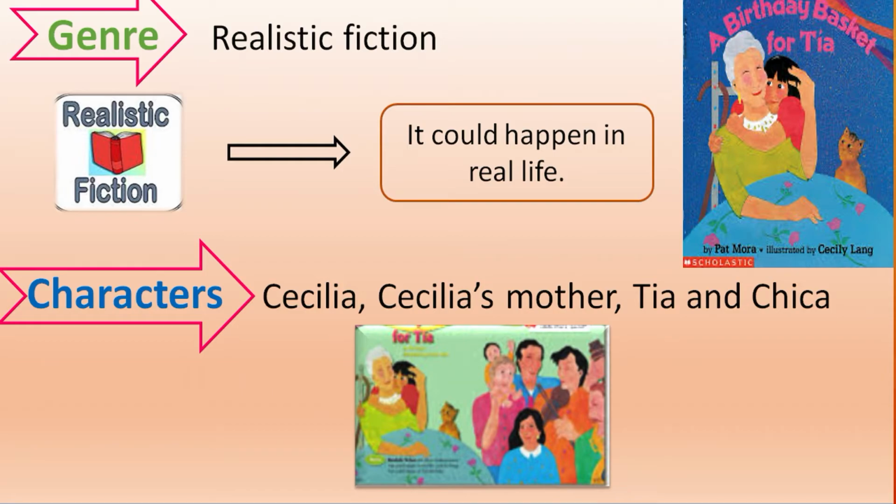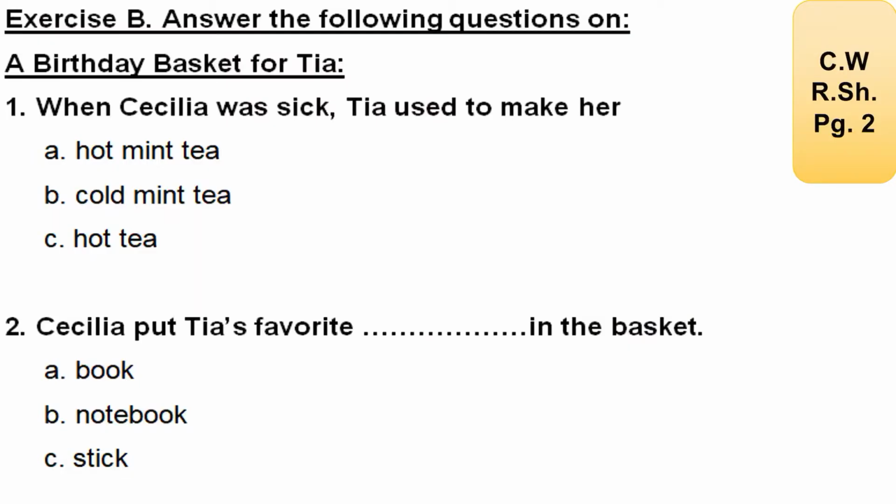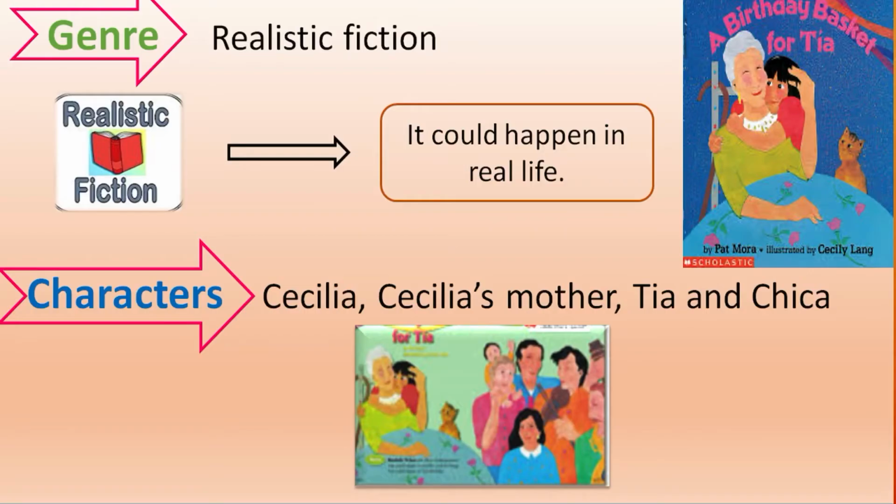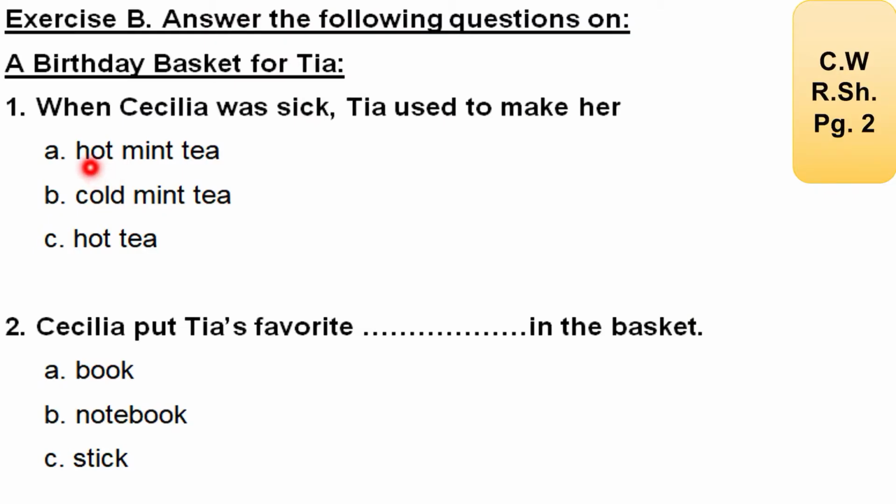Okay, kids. Let's start here the questions for A Birthday Basket for Tia. Who can read with the teacher? Please, grade 2 student, the first question. When Cecilia was sick, Tia used to make her what? What did Tia used to make for her? Who can tell me?